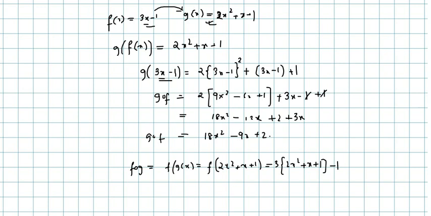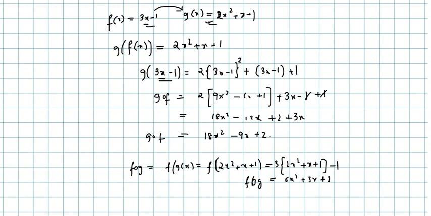So that gives me 6x square plus 3x plus 3 minus 1, that gives me 2. So this is f of g.